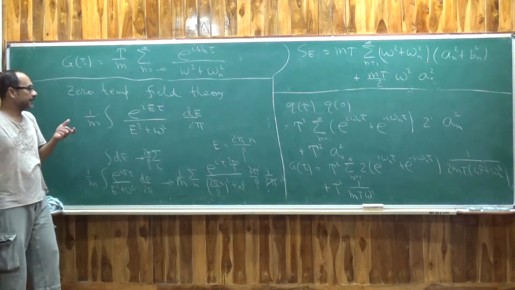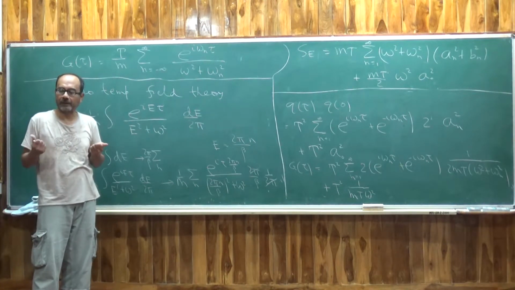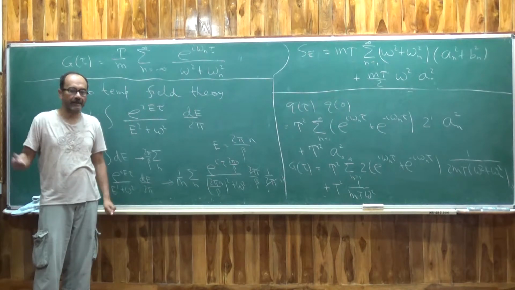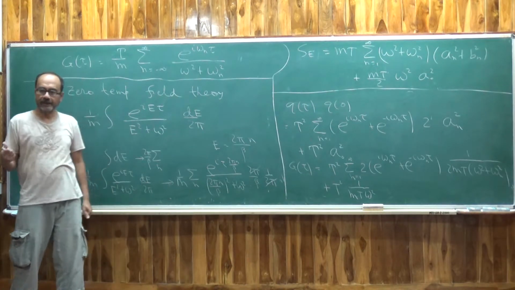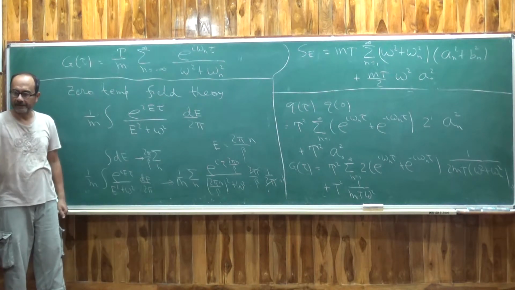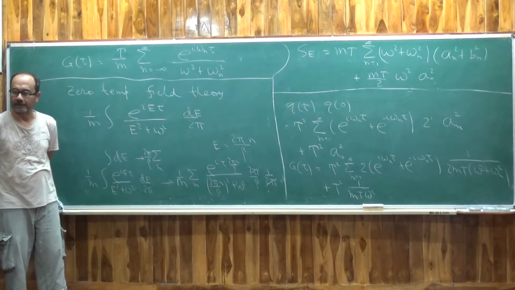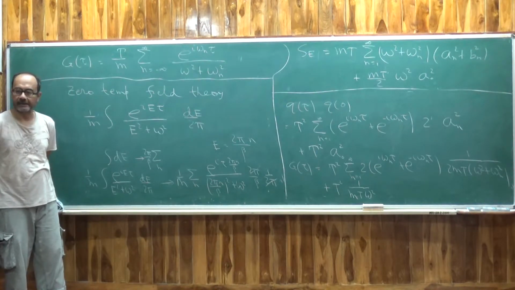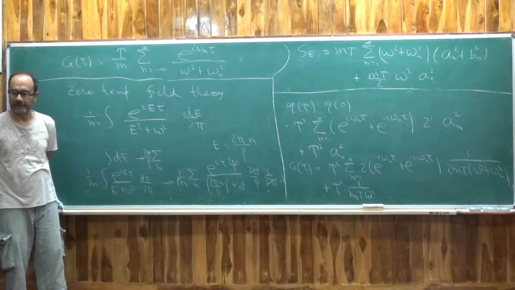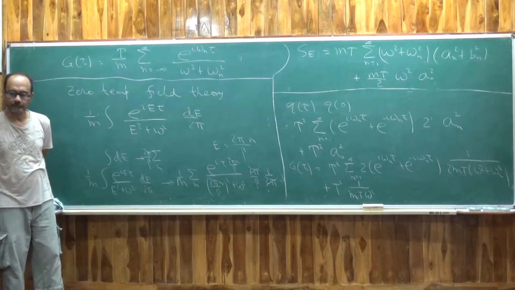I am emphasizing this because when you do Euclidean quantum field theory, you are not going to derive the propagator every time. We'll use a known form of the propagator from standard quantum field theory results, and simply discretize. Instead of the energy integral, we will do the sum over frequency, and that's what will give the correct propagator in the finite temperature quantum field theory.